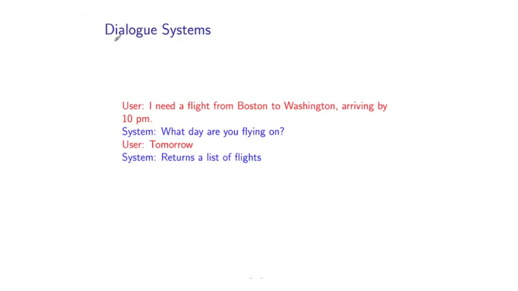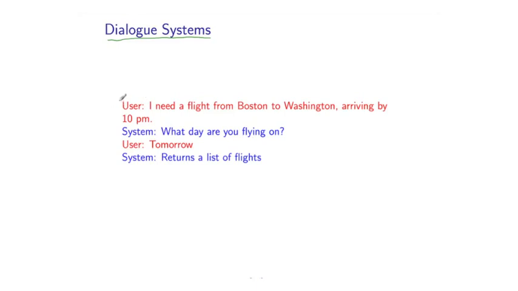Another key application is what are called dialogue systems. These are systems where a human can actually interact with a computer to achieve some tasks. The example I've shown here is from a flight domain where a user is attempting to book a flight.